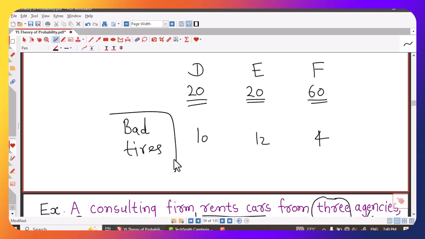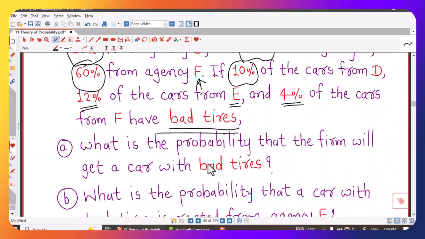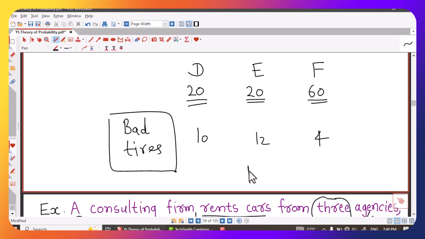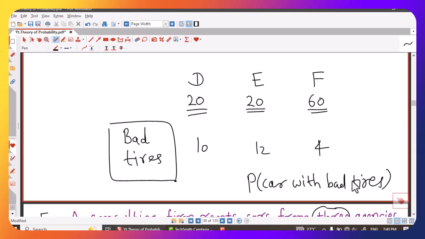This is given information, and using this information we have to find the probability that the firm will get a car with bad tires. In the first part we have to find the probability that the firm will get a car with bad tires. So how will we find out this probability? Probability that a car selected is with bad tires.